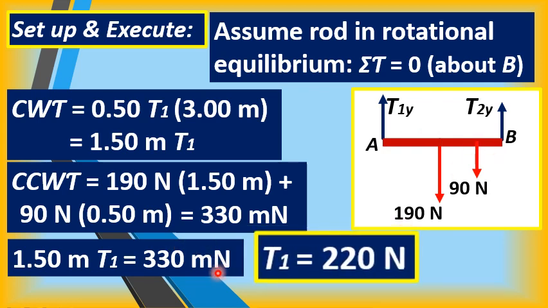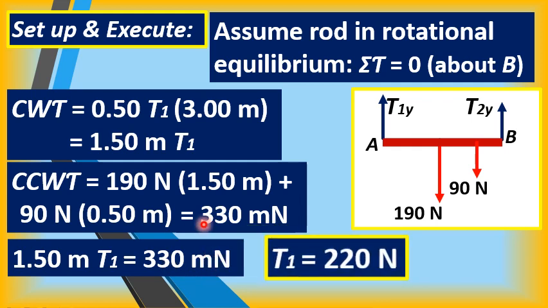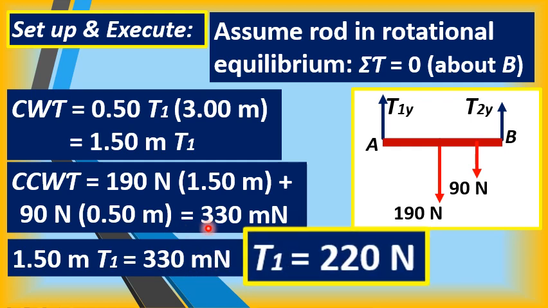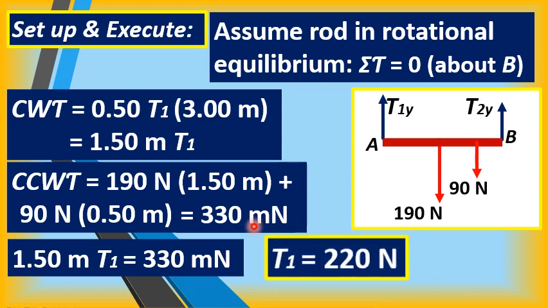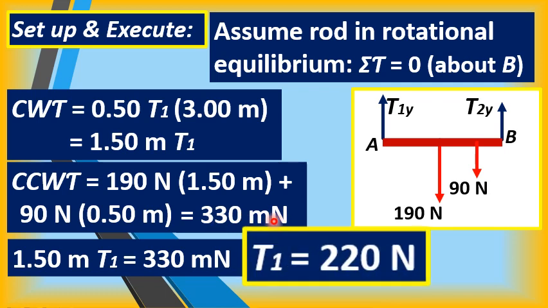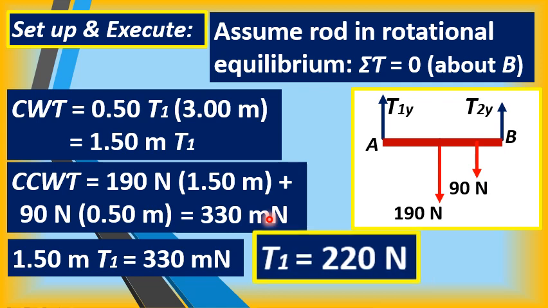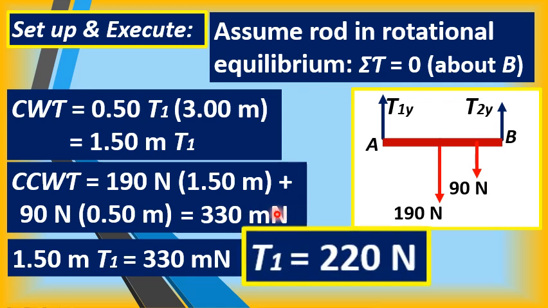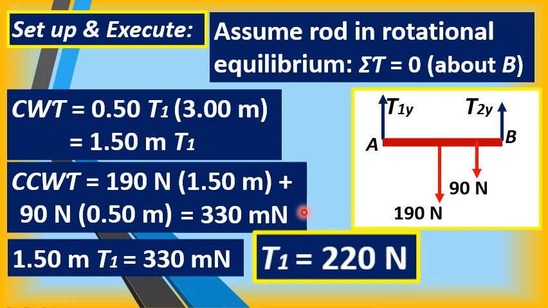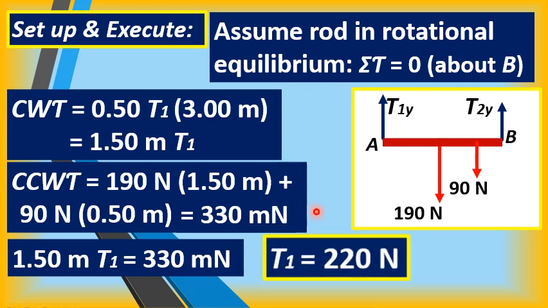Now, one more thing. The unit for torque here is deliberately expressed in meter Newton. This is to distinguish torque from work. As we all know, the unit of work is Newton meter.